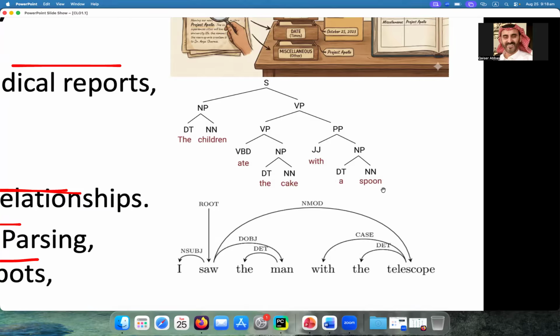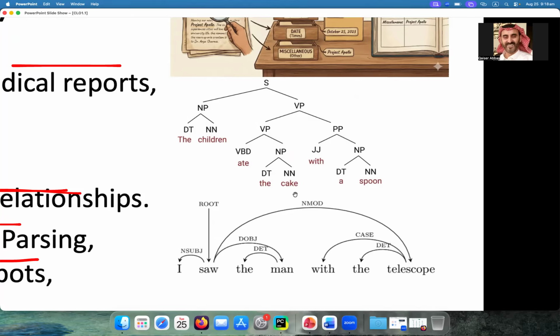With a spoon: a spoon is combined, and with is also attached to a spoon.